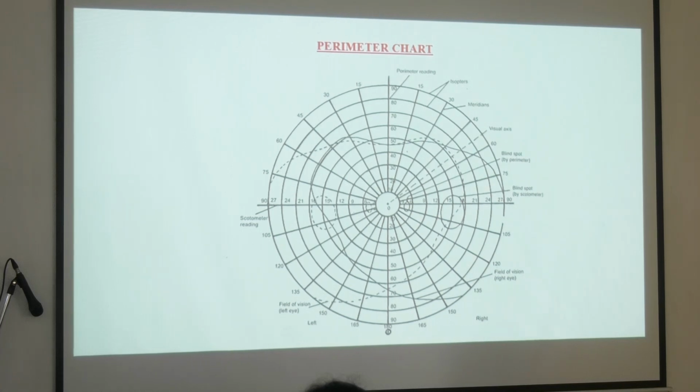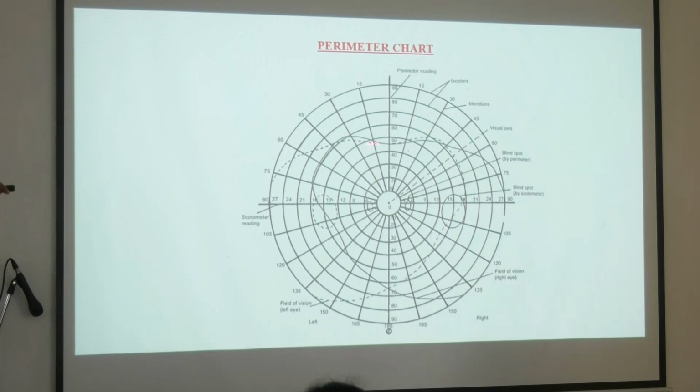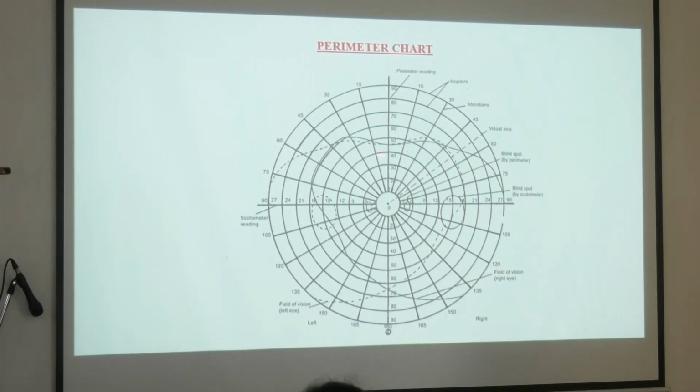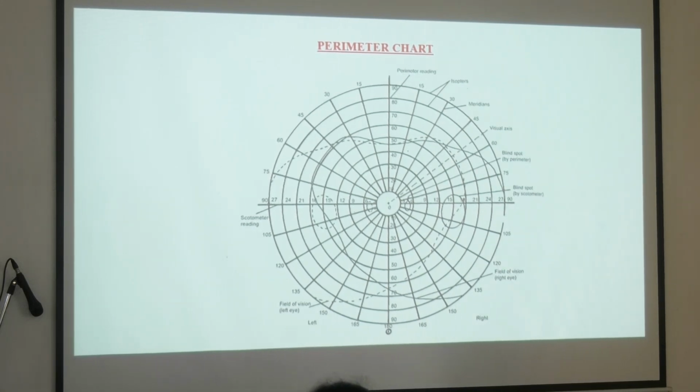You will draw what you get with a pen and check against the normal whether it is reduced or normal. In this case, this is the field of vision for the left eye, and the dotted line is the field of vision for the right eye. It is normal, so you can compare with your test subject.